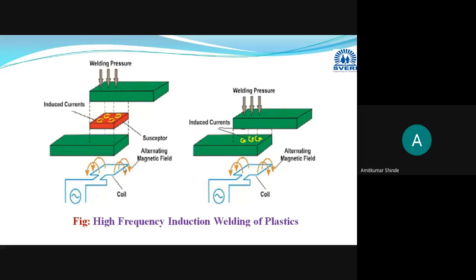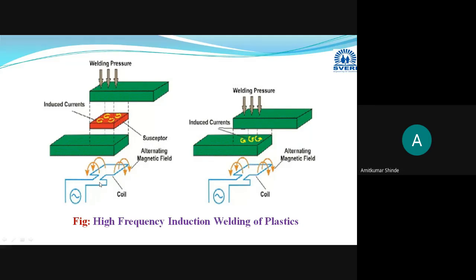Due to the resistance, the eddy currents flow through the surface, and the metal gets heated. We are going to provide heat to this metal piece, which is also known as an insert or susceptor. It will get energized due to the eddy currents.